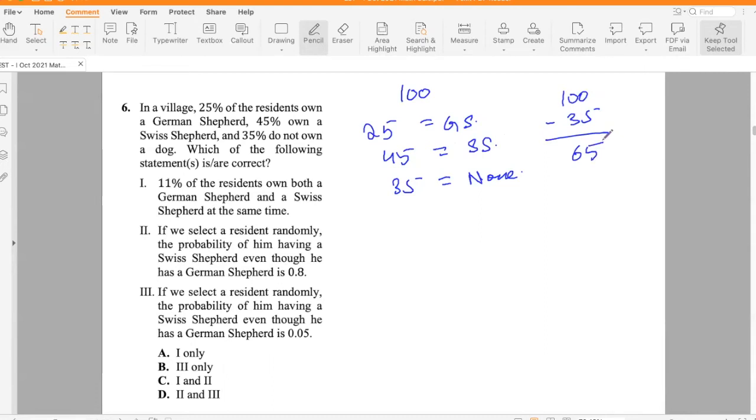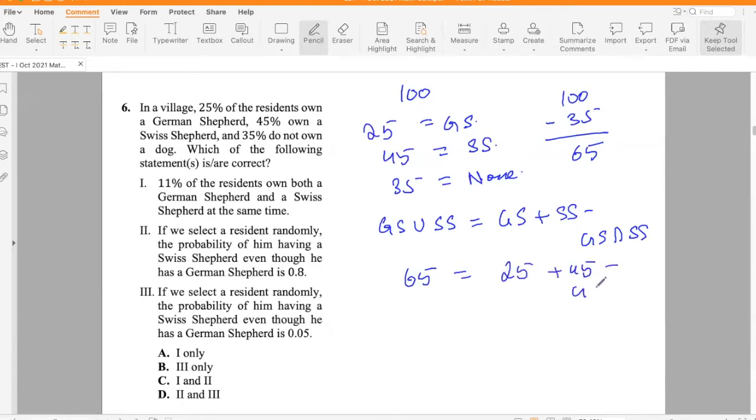So how many people own both a German Shepherd and a Swiss Shepherd? So I have German Shepherd union Swiss Shepherd is German Shepherd plus Swiss Shepherd minus German Shepherd intersection Swiss Shepherd. So 65 is 25 plus 45 minus the intersection.